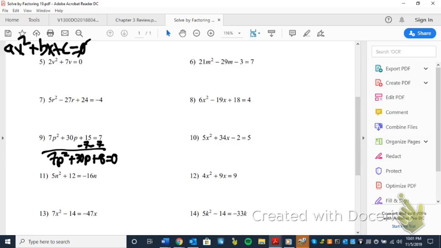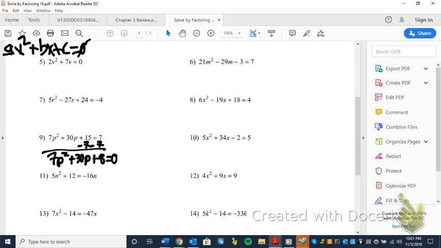Step 1, we need to identify our a, b, and c. Now look up here at the standard form of a quadratic equation. Notice that a is the coefficient of x squared, meaning it is the number in front of the x squared. So a lot of people want to say a equals, in this case, 7p squared.